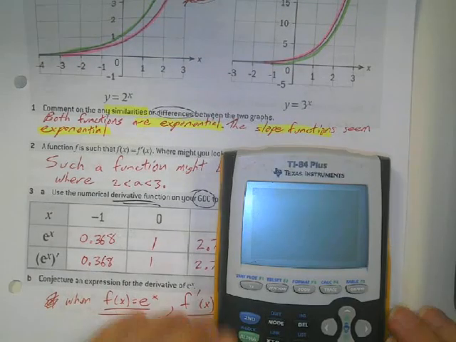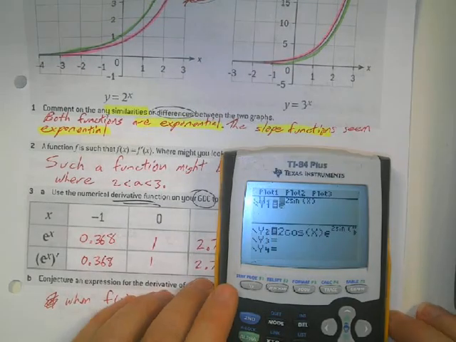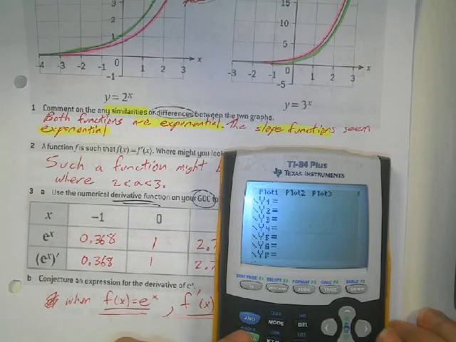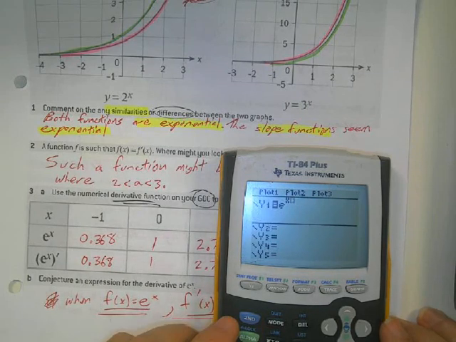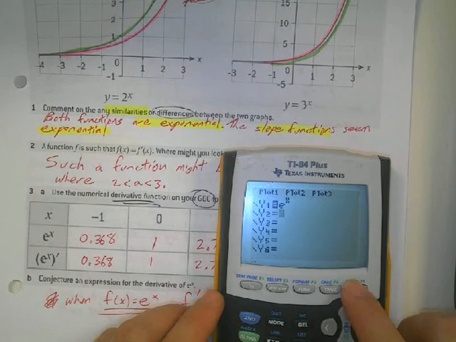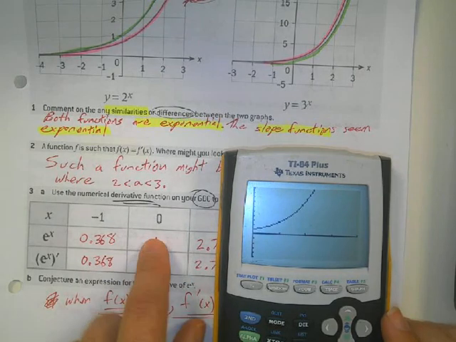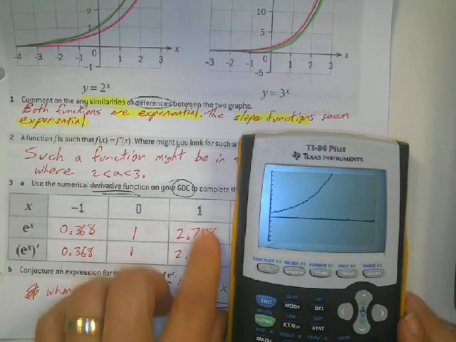But if I type in y equals e to the x, and I can graph that, and that's my graph.